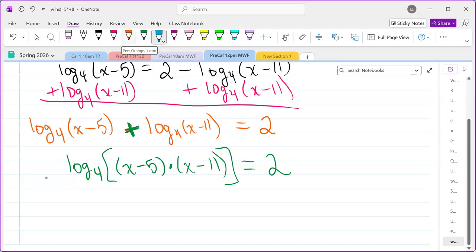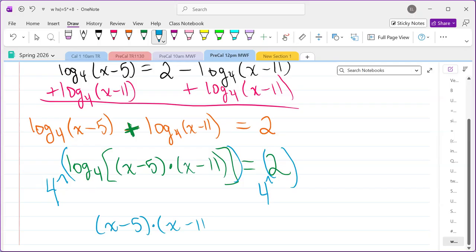So if I use an exponential function on both sides, and since it's log base 4, I'm going to use 4 as my base. 4 to the log base 4 undo each other. So I just have (x minus 5)(x minus 11). And then on the other side, 4 to the second power is 16.